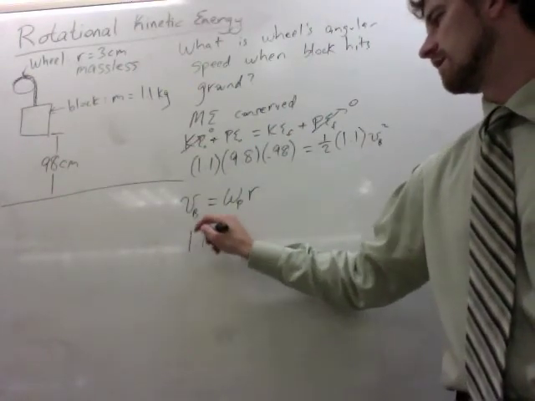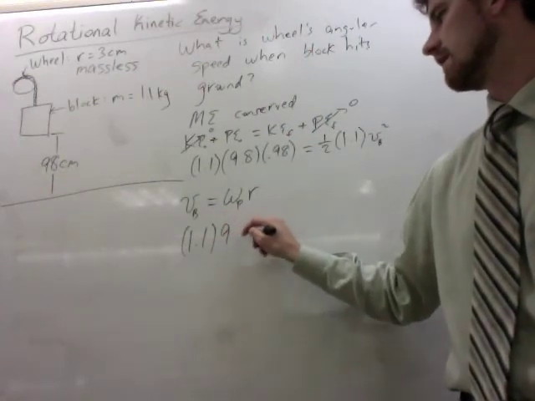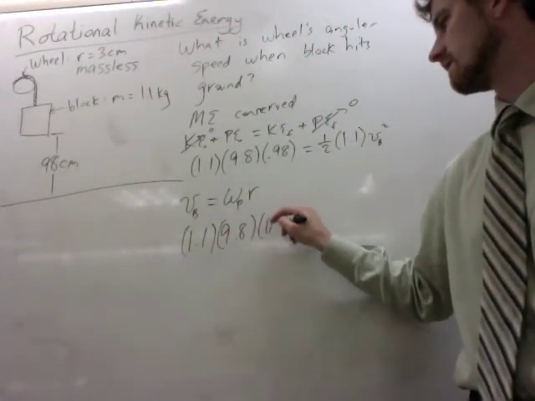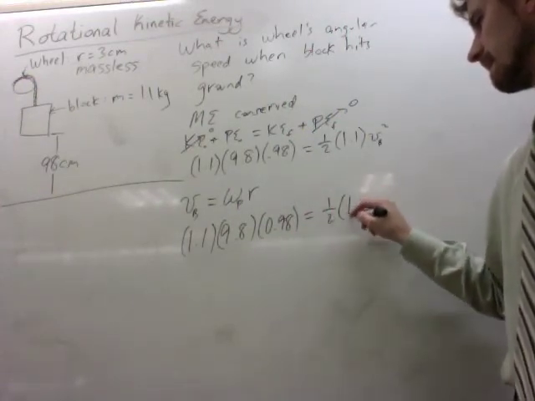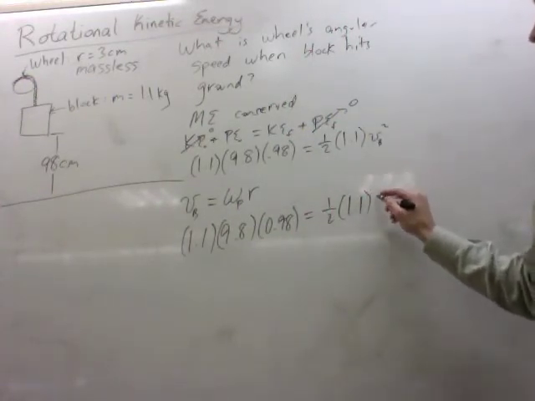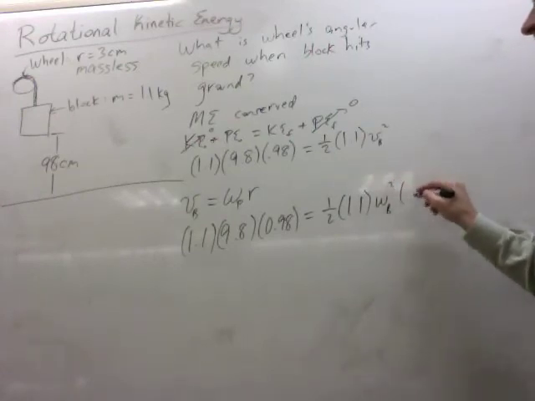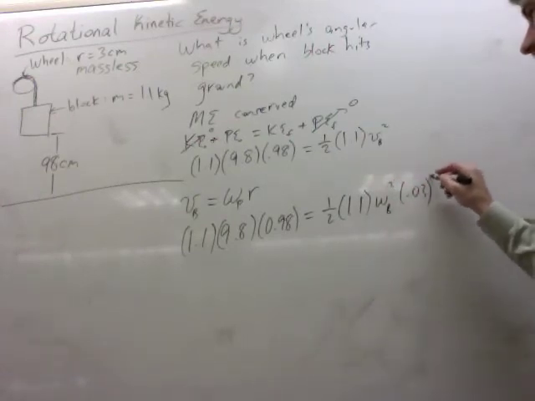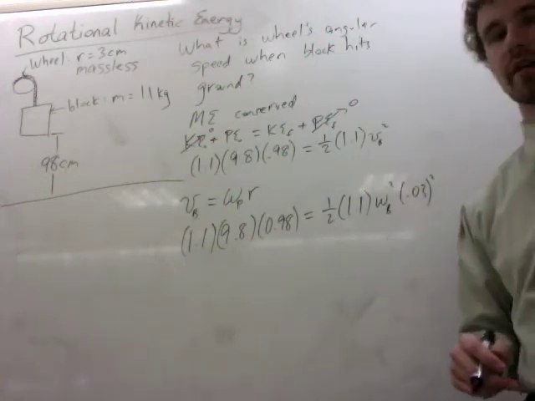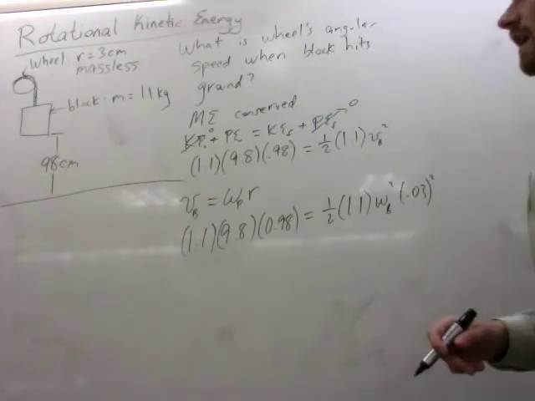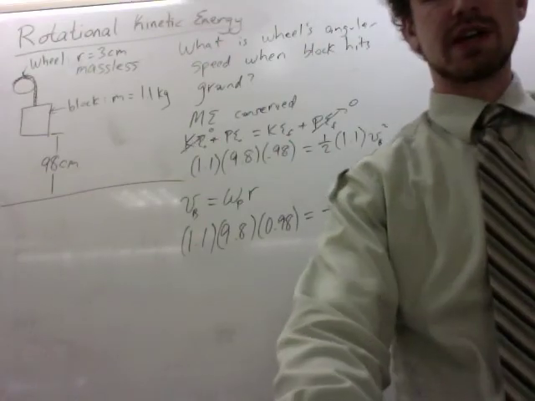So, plugging that in, we've got omega squared and radius squared. And from that we can calculate the angular speed of the pulley. Right? Now, what if I change the situation?